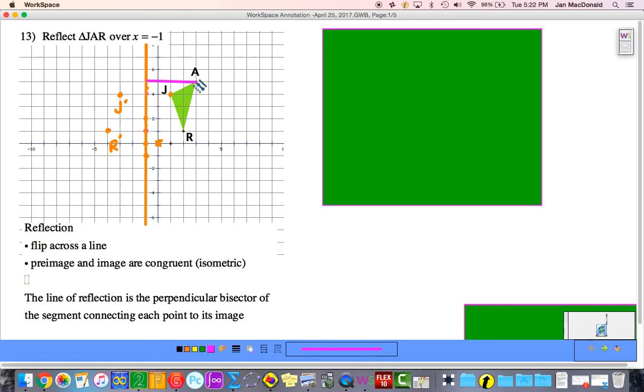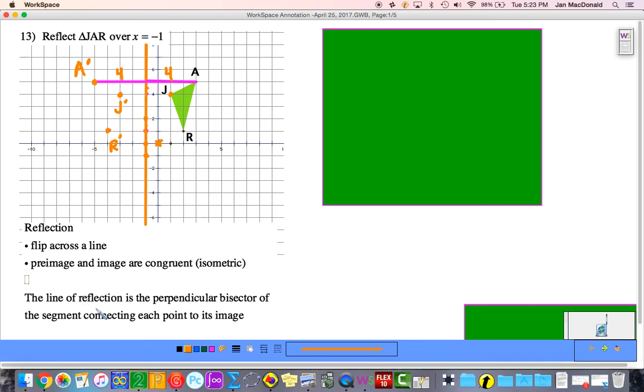So I'm going to continue along that same path, 1, 2, 3, 4, and here must be A prime. You can clearly see that this segment is perpendicular to the line of reflection, and that the segment from A to A prime has been bisected.